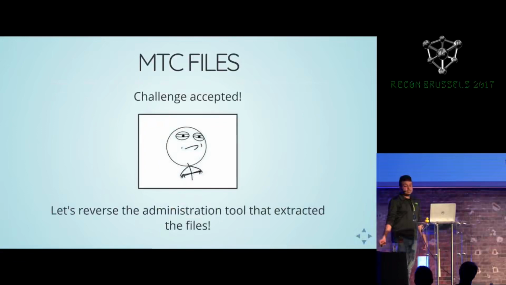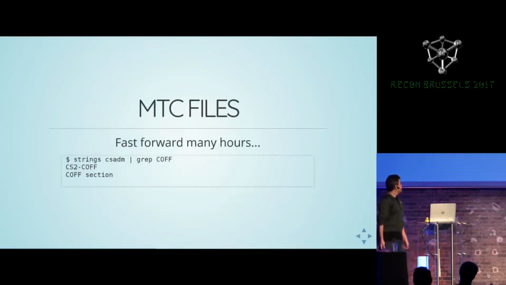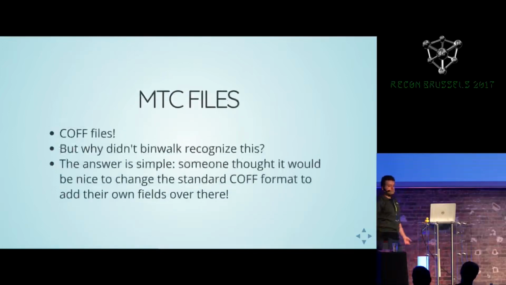Okay, let's reverse the administration tool and see if we can find any info inside. After some hours, we could find these strings. So these should be COFF files, but why didn't Binwalk recognize this? Someone thought it would be nice to add their own stuff inside the standard COFF format.